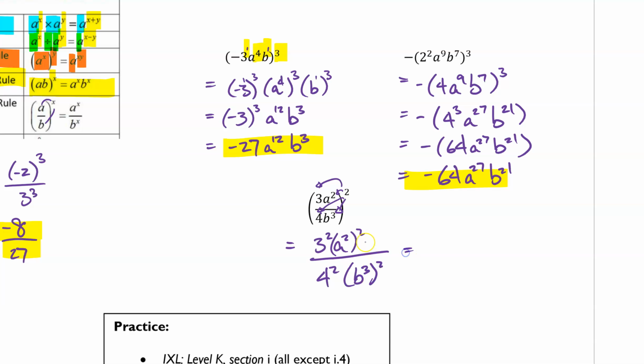There's a bunch of squaring involved. Let's just do this. We should have a square jar. I apologize. All right, 9. A2 and 2, we're multiplying that. We get A4. All right, and then 4 squared is 16. And then B3 and 2 gives me B6.